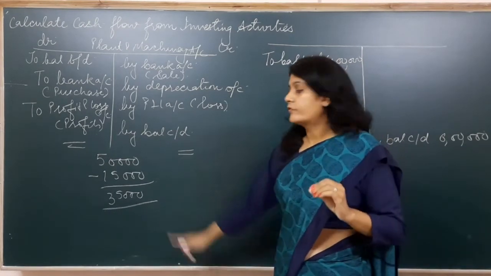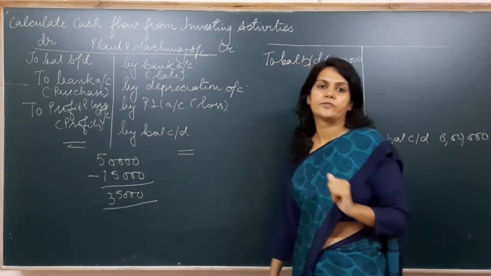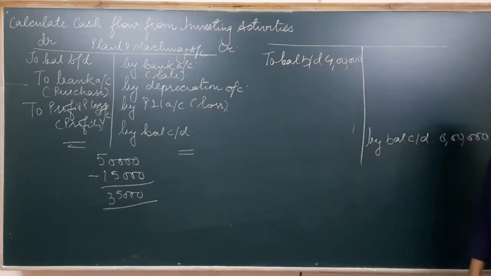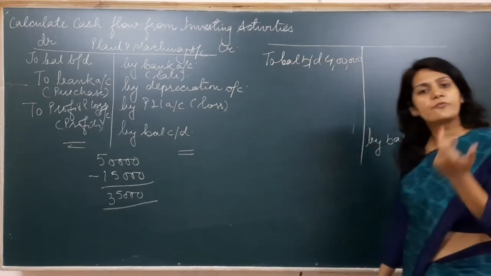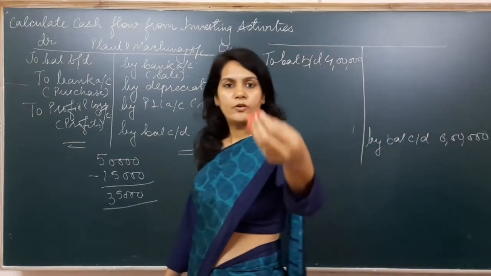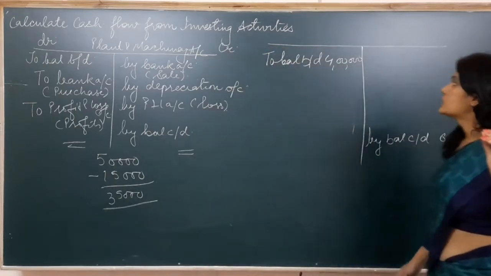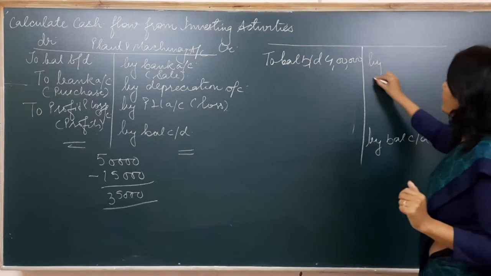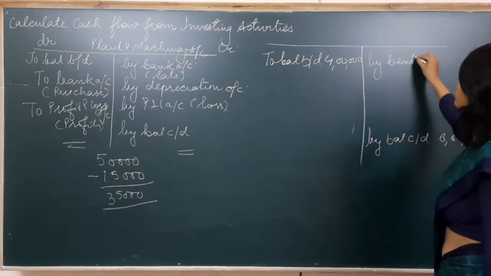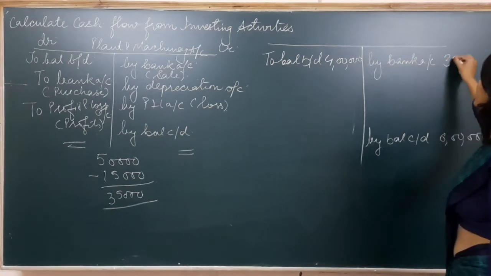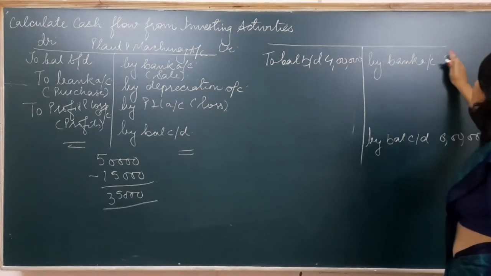So on the day you are selling it, its value is 35,000. Now you have sold off this machinery in the market for rupees 40,000. It means an item of 35,000 has been sold. So you will write here 'By bank account'.